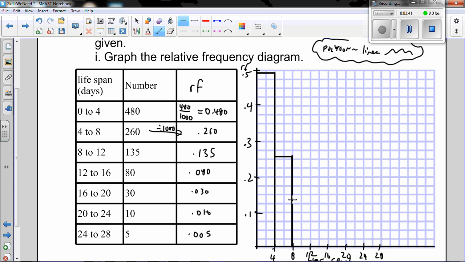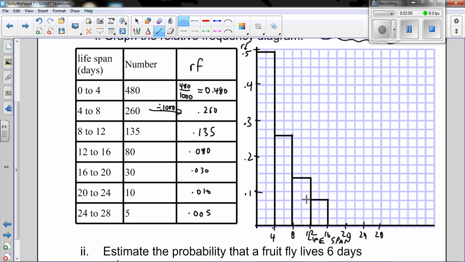The picture's what's worth 1,000 words. Uh, 0.18, there's 0.15, so just above that. Sometimes I miss some. 12 to 16, 0.08, oh, that looks good. 0.03, 16 to 20, 0.03 is just about there.